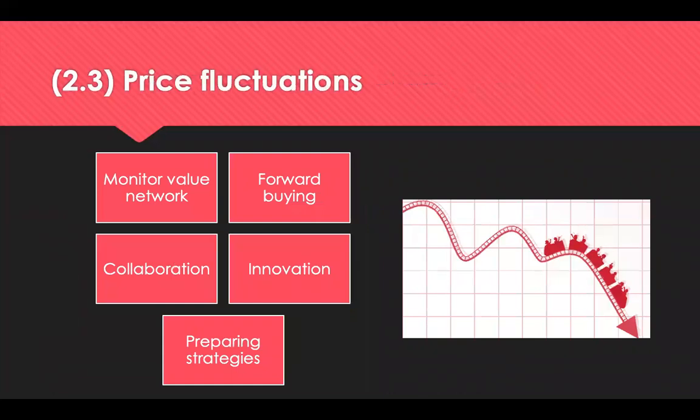Now, prices fluctuate, and that could be due to scarcity, and this is a consequence. The cause may be due to a number of factors around the STEEPLE analysis, so social, technological, economic, ethical, political, legal, or environmental. And price elasticity is a measure of the responsiveness of supply and demand for a good or service.